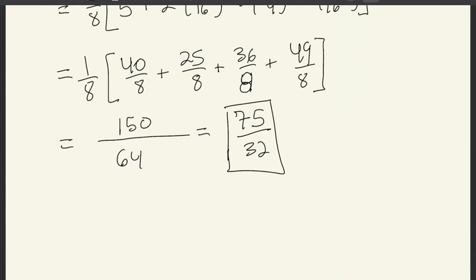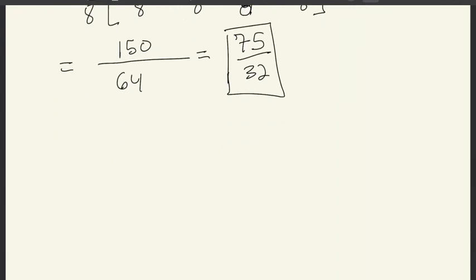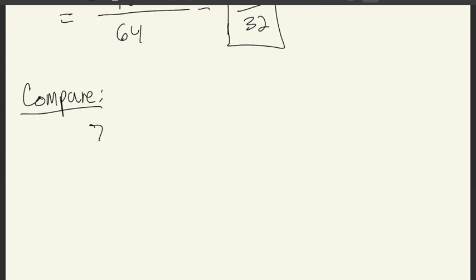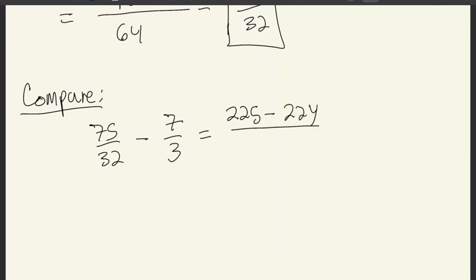All right, so that was our approximation, but it said to compare the result to the actual result. So let's compare. We have 75 divided by 32 minus the actual result, 7/3. This is (225 minus 224) divided by 96.